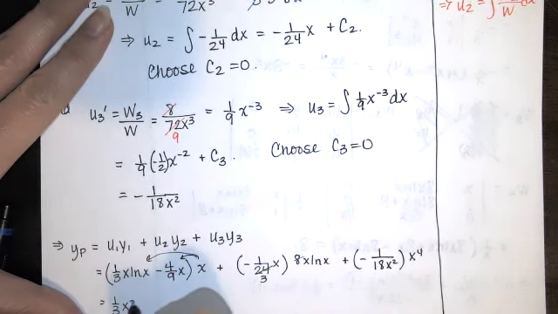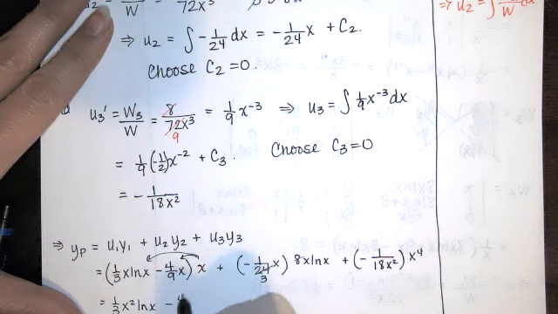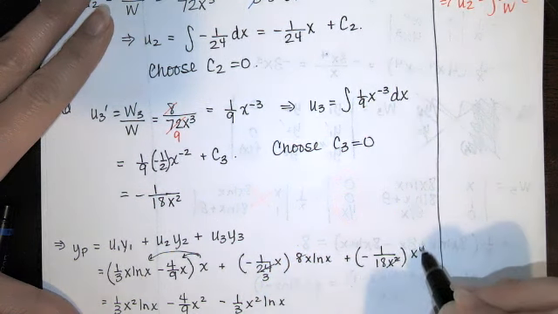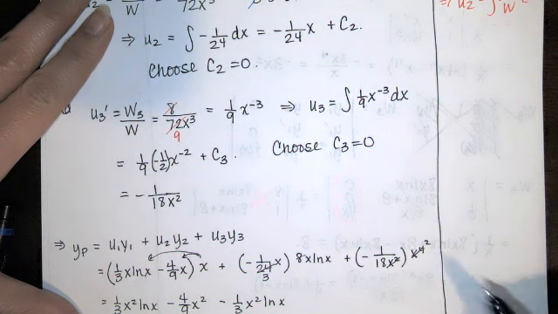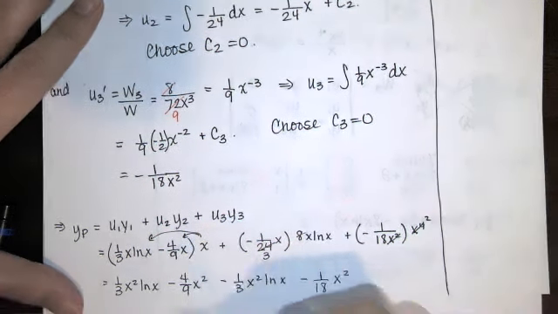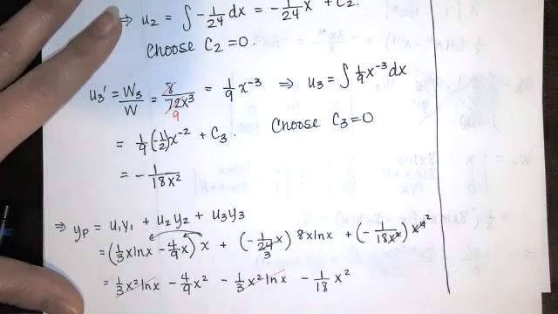We have 1/3 x squared natural log of x minus 4/9 x squared. Here we have a negative 1/3 x squared natural log of x. Here, 2 of those x's will reduce. We still have an x squared in the numerator, so we have negative 1/18 of x squared. And notice what happens. These two terms are identical but with opposite signs, so they reduce.